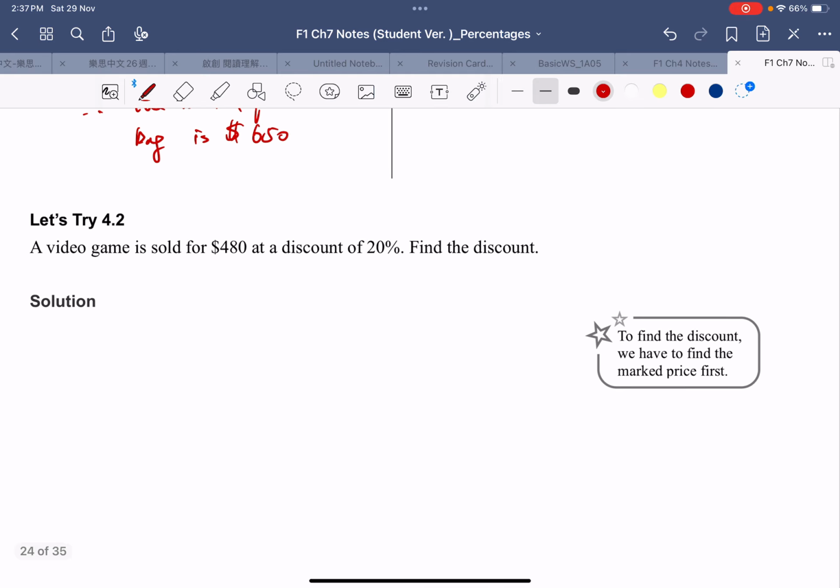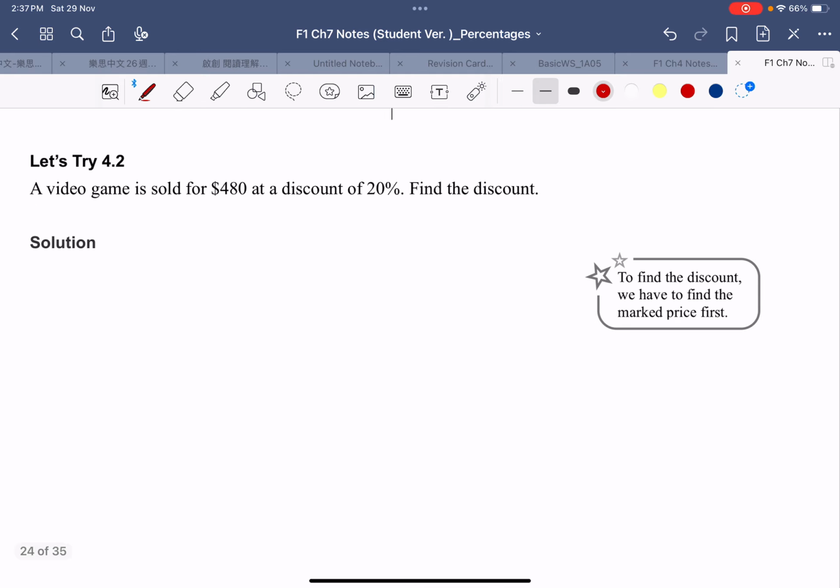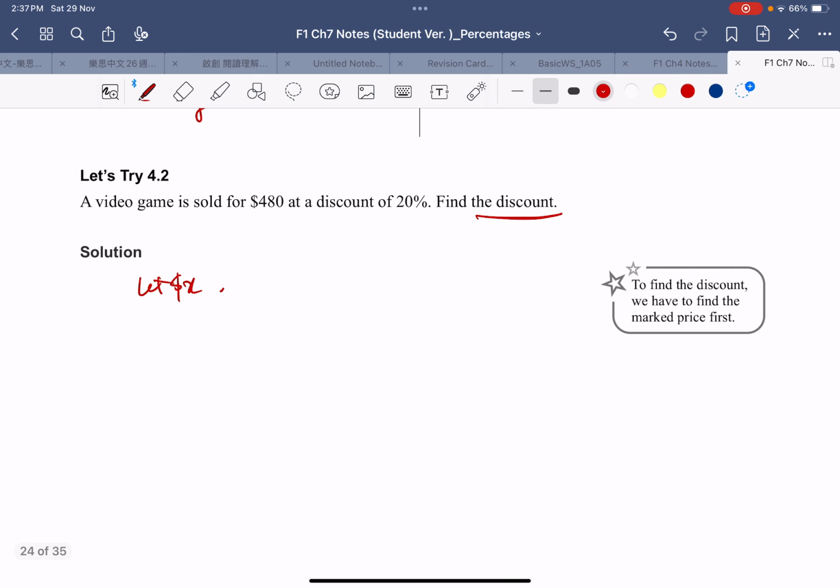Okay, sometimes you need to find the discount. Find the discount, not the discount percent. Discount is the amount of money you save. So how to do it? Let x dollars be the market price.